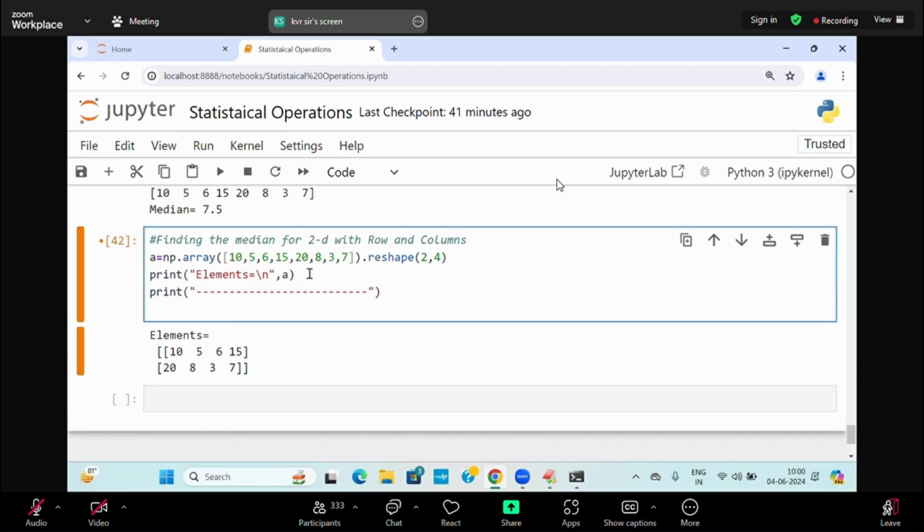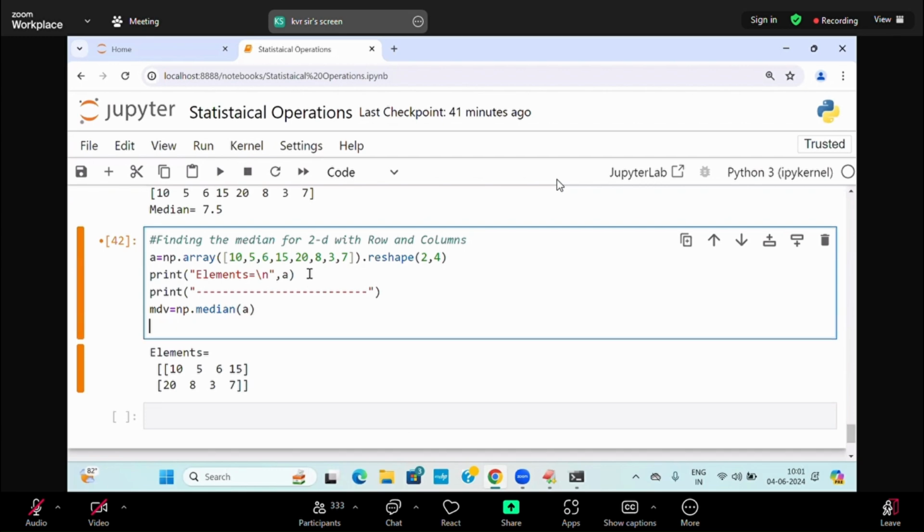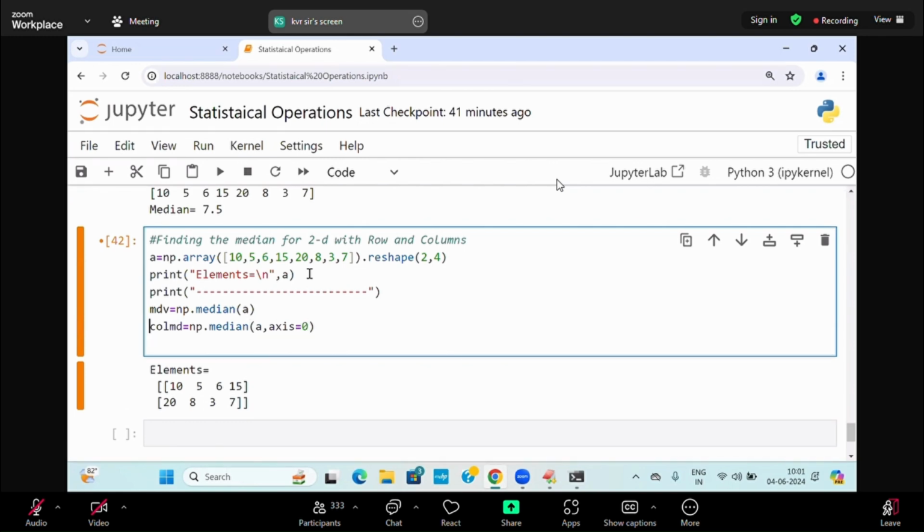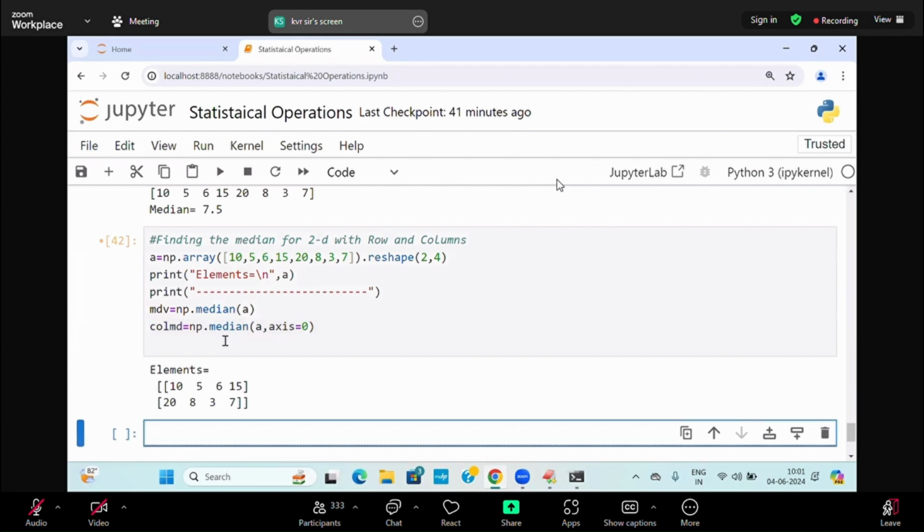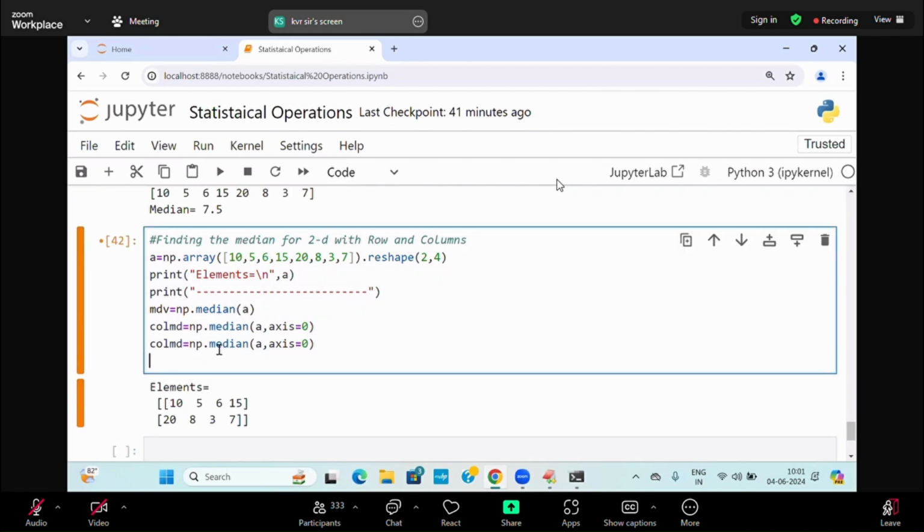MDV is equal to np.median of A. Next, column median is equal to np.median of A comma axis equal to 0. Next, row median is equal to np.median of A comma axis equal to 1. This is the row median.